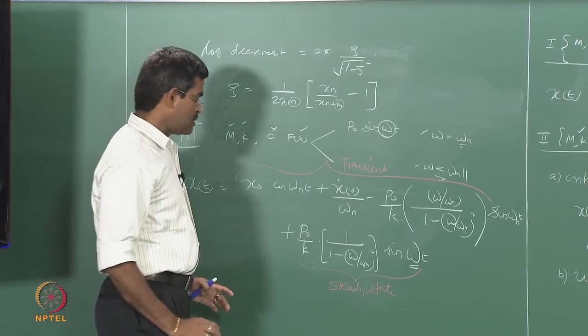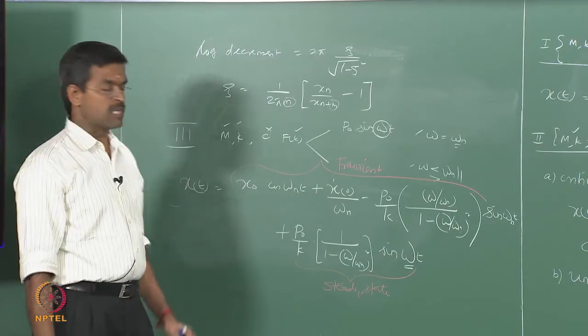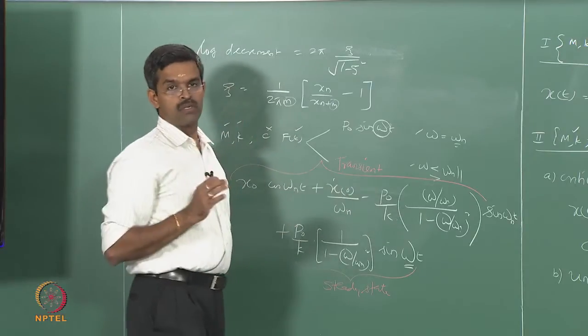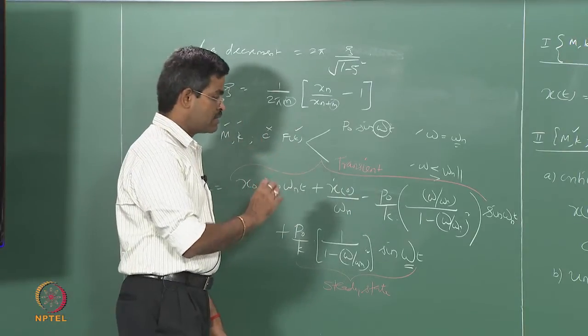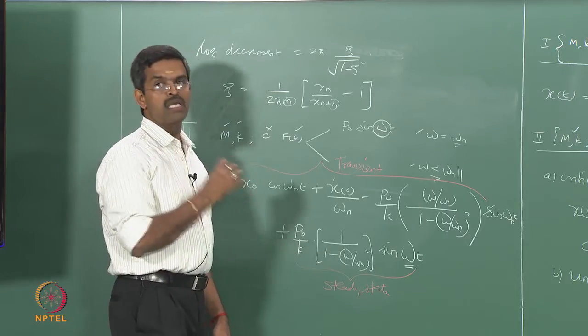For our interest we generally consider steady state, but I already told you that in ocean structures sometimes the transient response is also important. The specific application of this will be discussed in the next module, where we call them springing and ringing responses.